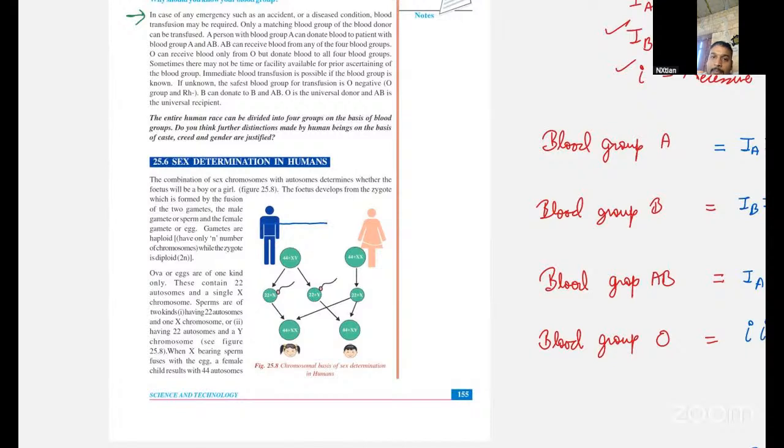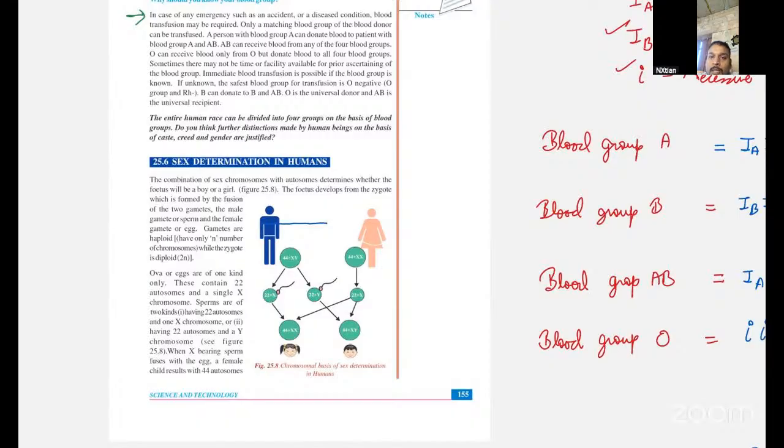So like if Papa's blood group is A and Mummy's blood group is B, so it will be capital IA, small i into capital IB, small i. Why? Because only with small i can the O blood group come.